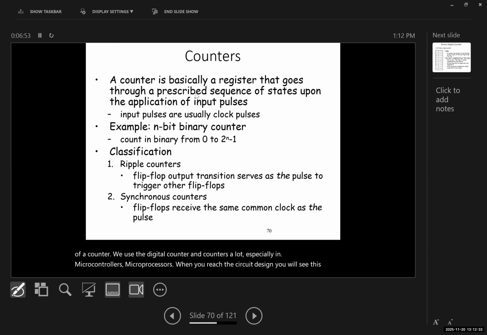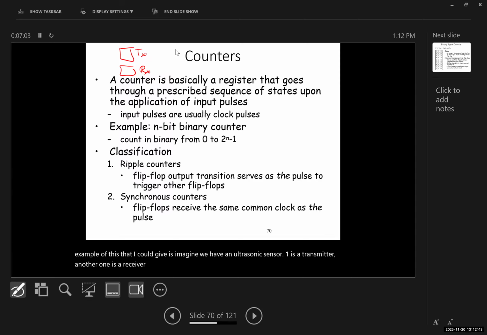One example I could give is, imagine we have an ultrasonic sensor. One is a transmitter, another one is a receiver. I give this example a lot. The way an ultrasonic distance measurement system works, it sends a sound wave.